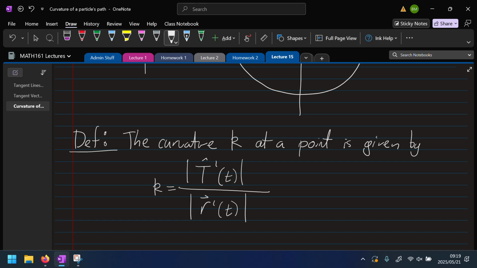So you know r, that's your position, r prime, that's your velocity. What is this T hat? T hat is the unit tangent vector.